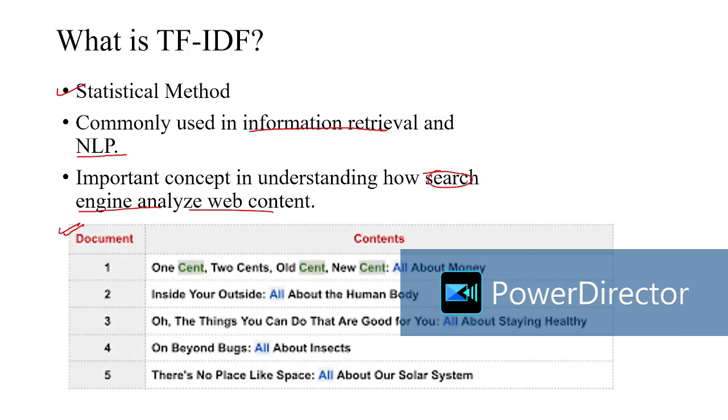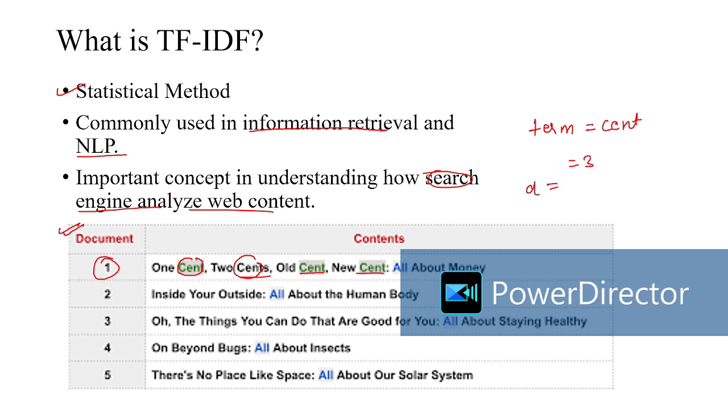In this example, you have seen some documents. Let's suppose document one contains the term sent. Sent appears 3 times.